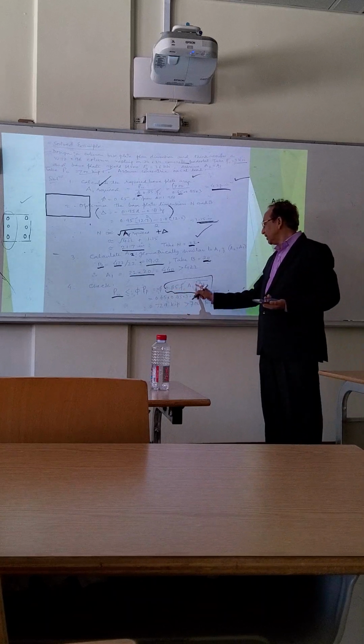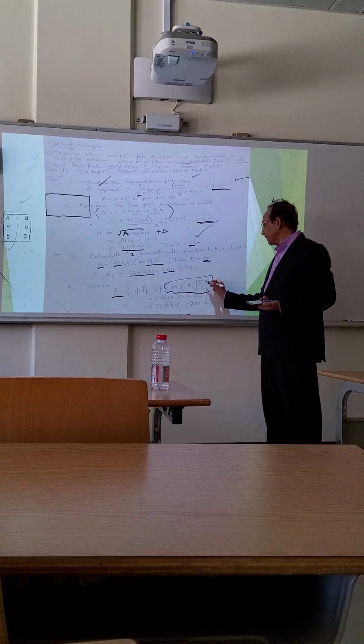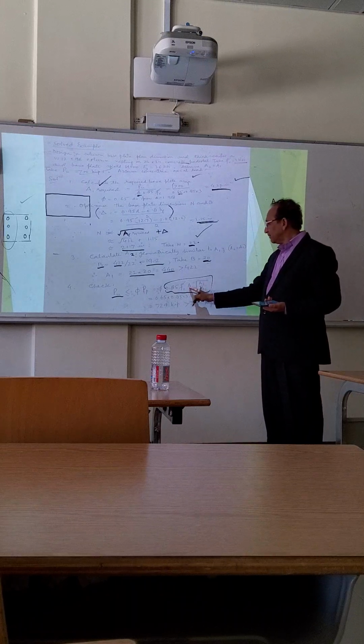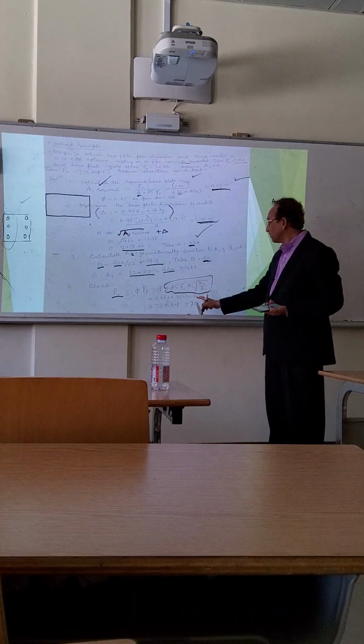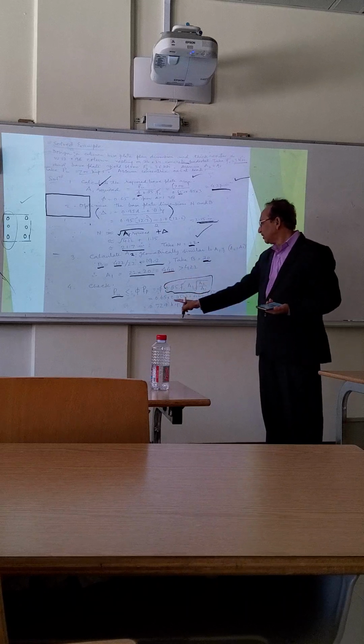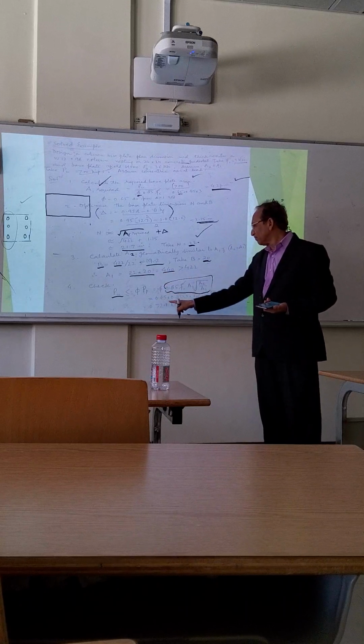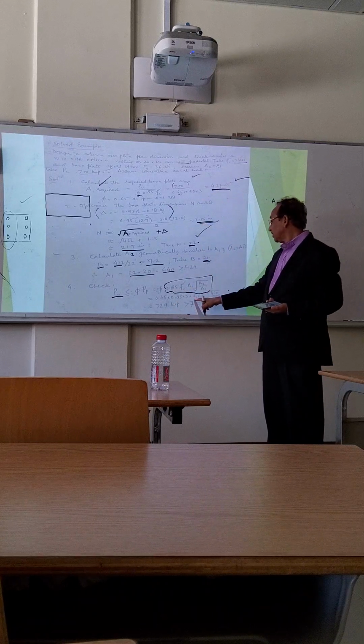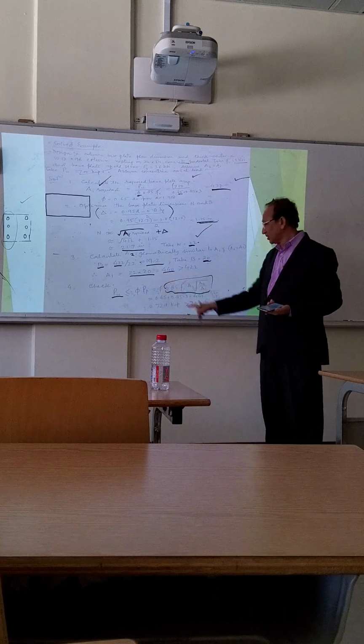It is coming from here. 0.85 F'c A1 into square root of A2 upon A1, because A2 and A1 are the same in our case, so it will be just equal to 1. Then we substitute the value of A1 here, which is 440. 0.65 is the value of phi, and 0.85 is in this formula; F'c is already given in the question. 440 we just got, and this Pu is coming out to be 729 kilopounds, which is greater than 700.